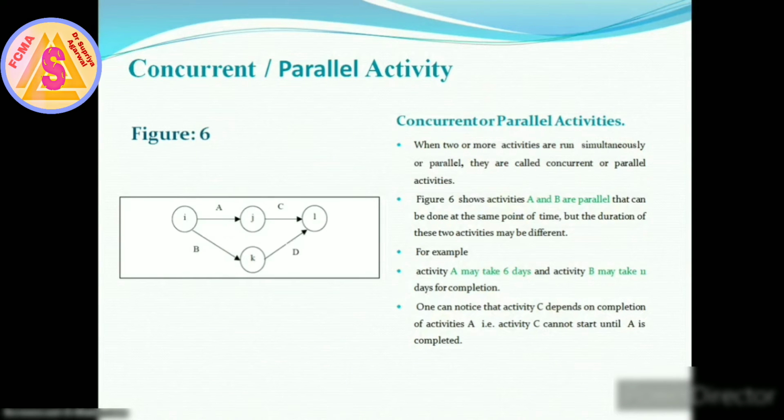In figure 6, activities A and B run simultaneously, but activity A takes 6 days to complete its task, whereas activity B takes 11 days. So both activities A and B run in parallel, but the durations of the two activities are different.